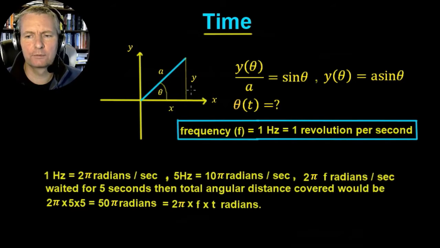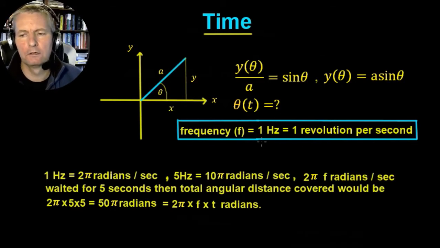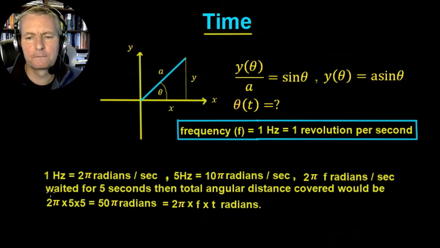So if it takes 1 second to turn 1 full revolution, then it is travelling at 1 Hertz. Let's extend on that a little. We could say that 1 Hertz is equal to 2 pi radians per second. Rather than saying 360 degrees in a second, we tend not to deal in degrees, we tend to deal in radians. So that's equivalent to 2 pi radians per second.